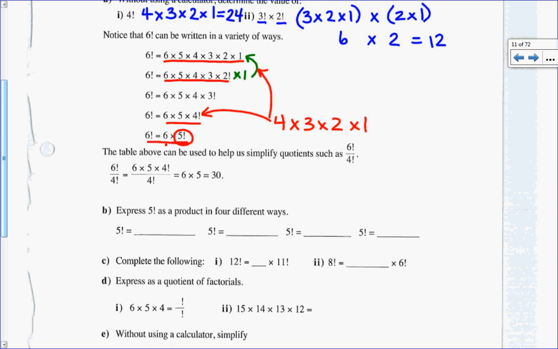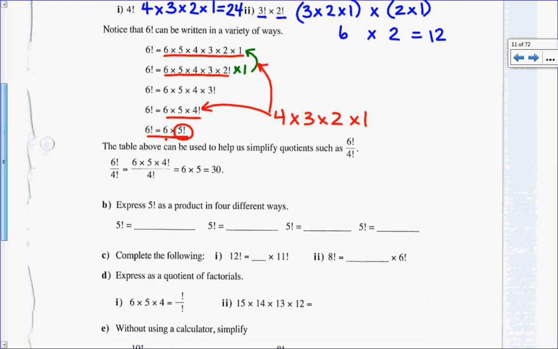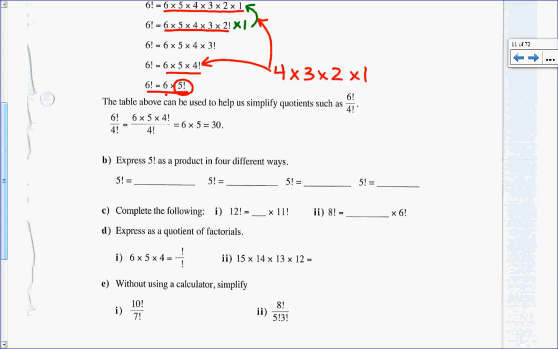It comes into play when you are simplifying factorials and putting them in the simplified form, like in the next example here. In this example, we have a quotient. We have 6 factorial divided by 4 factorial. So what we do is we start expanding the numerator, and we stop it when we get to a number that equals our denominator. Okay, so in this case our denominator is 4 factorial.